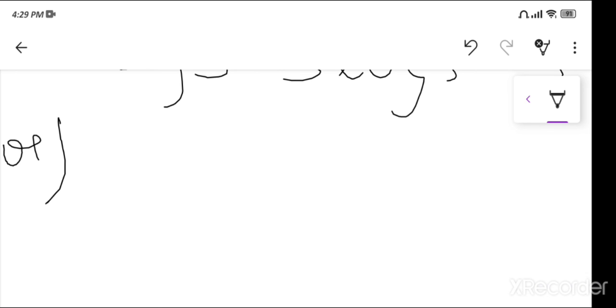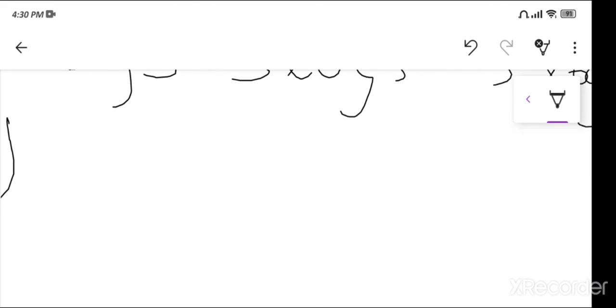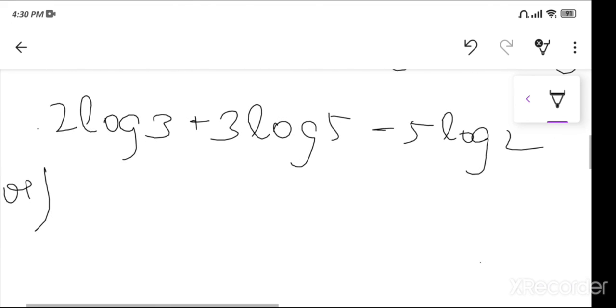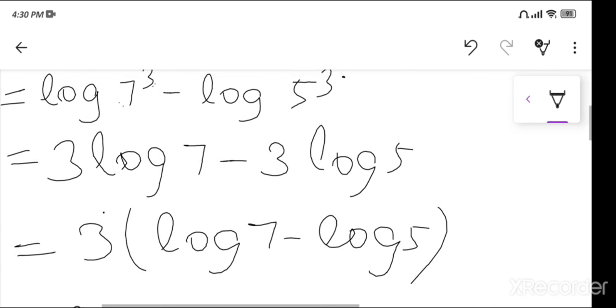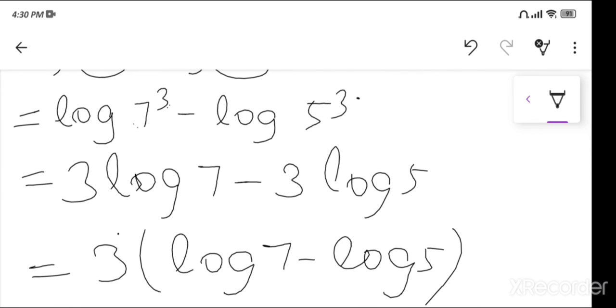To get this sum to the original form, you need to do the reverse order. In the last sum I told you how to write it like this.